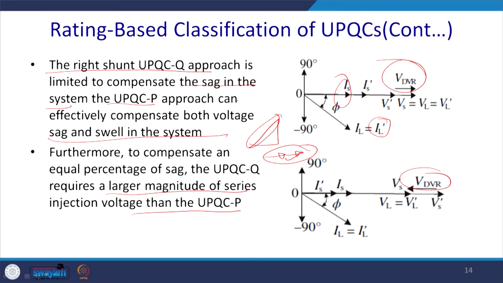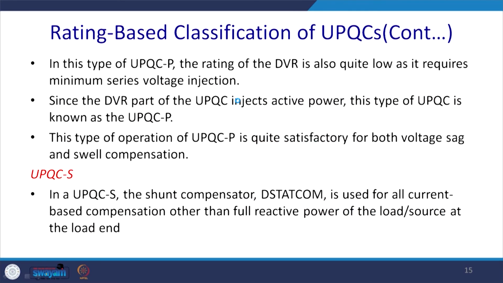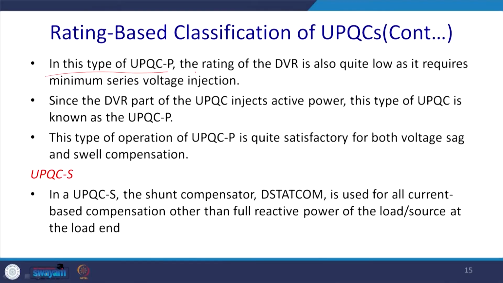from this D STATCOM in case of the sag compensation, and also the reverse, real power has to go out in case of the swell compensation. In this type of the UPQC-P, the rating of the DVR is also quite low and requires a minimum series voltage injection.